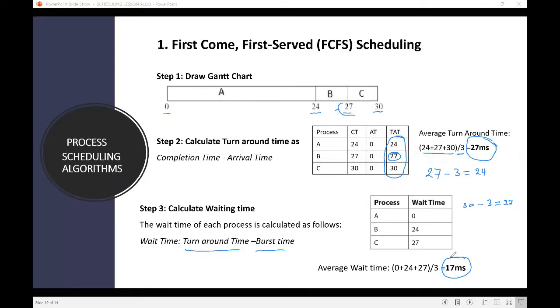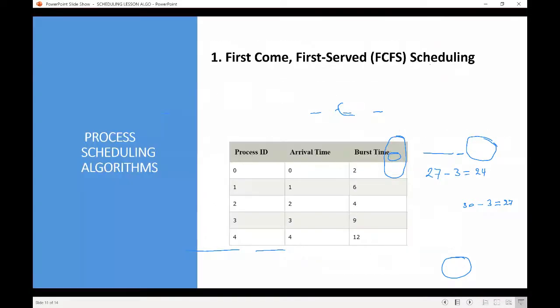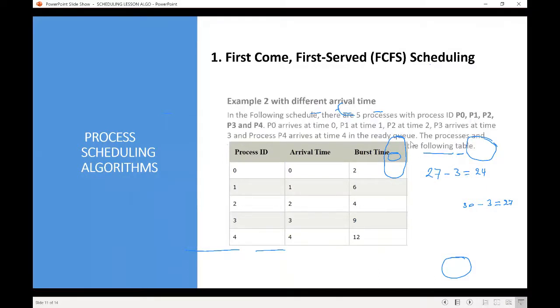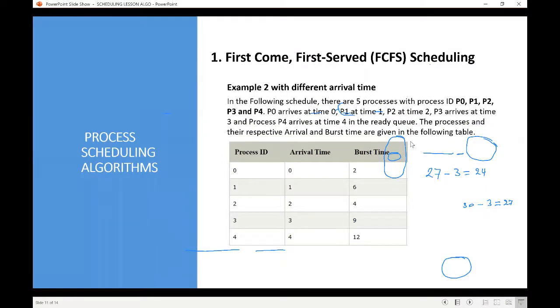So what will happen if the arrival time is not the same? Let's take example number 2.